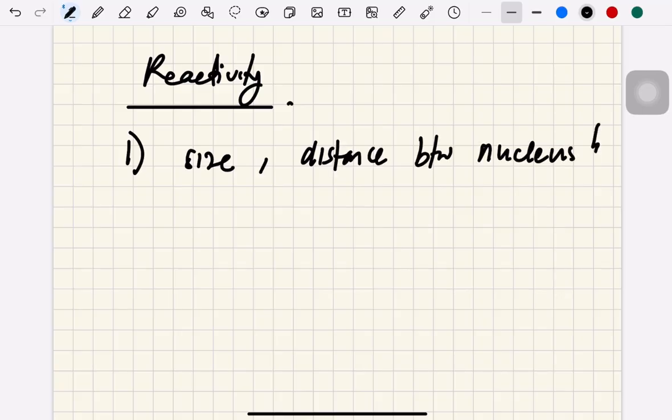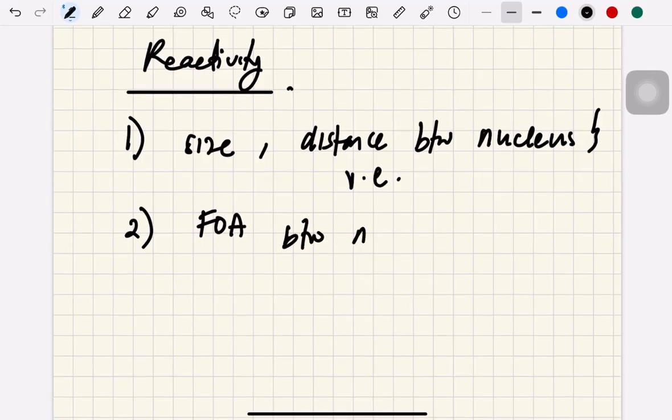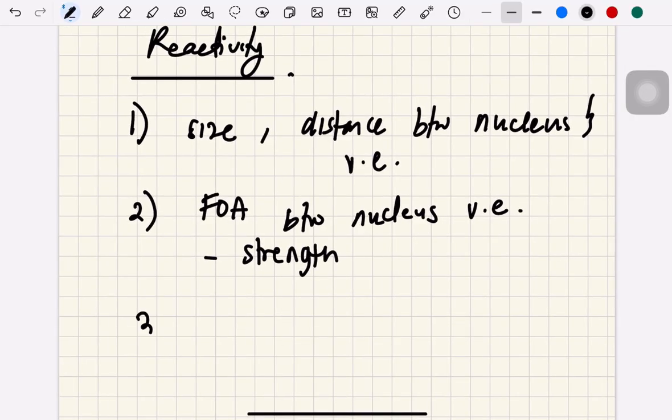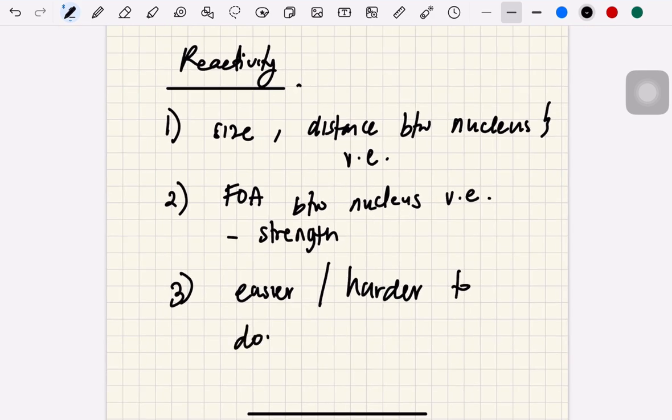Nucleus and valence electron. So talk about the force of attraction between what? Between nucleus and valence electron. Is it stronger or weaker, the strength. Okay. Number 3, you say easier or harder to what? To donate, to receive.